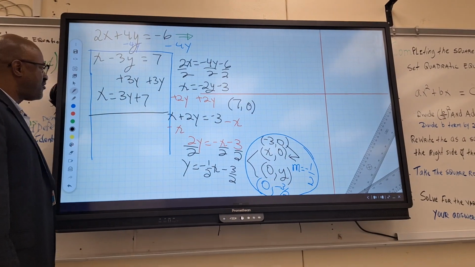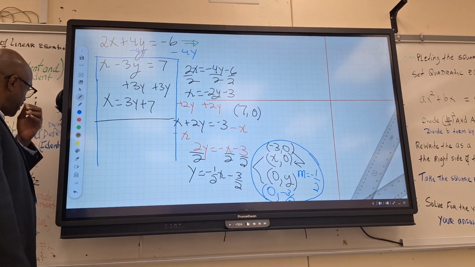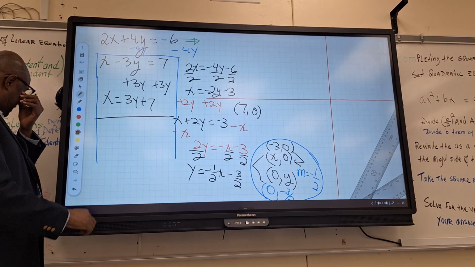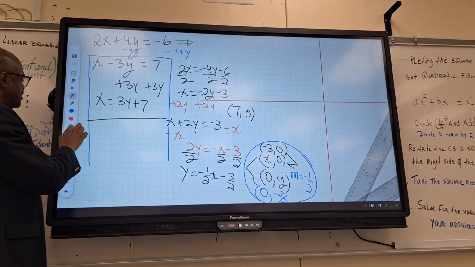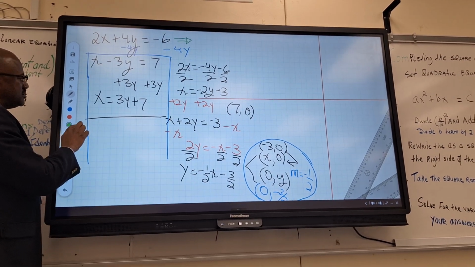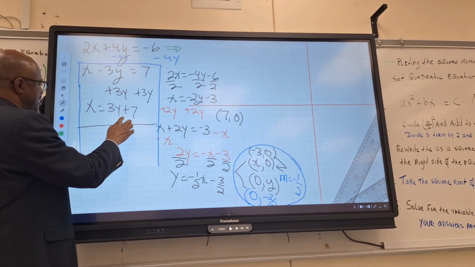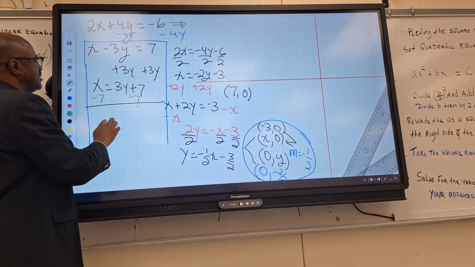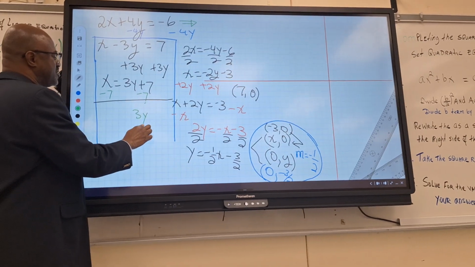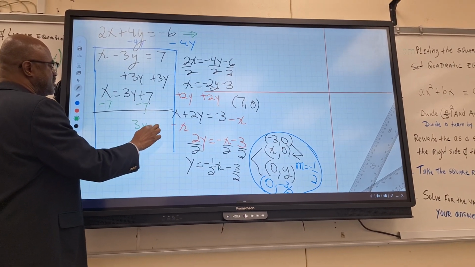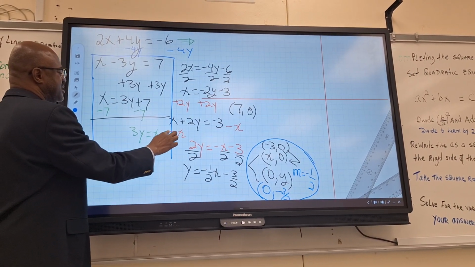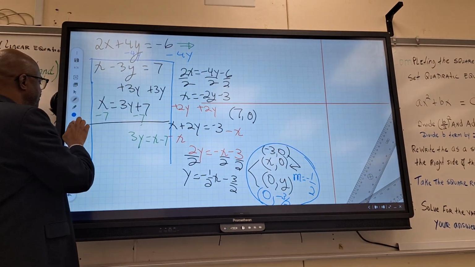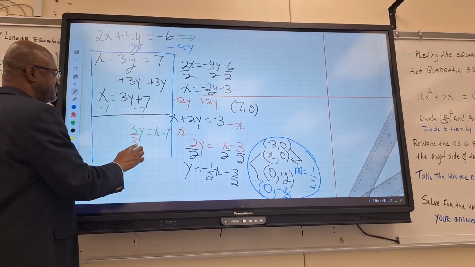Now we're going to solve for y. What will you do? Subtract 3y from both sides. You added that, I'll do this one instead. I'll subtract 7. Then I will have 3y equal x minus 7. Then you divide everything by 3.